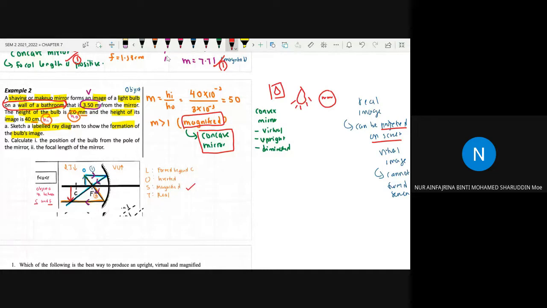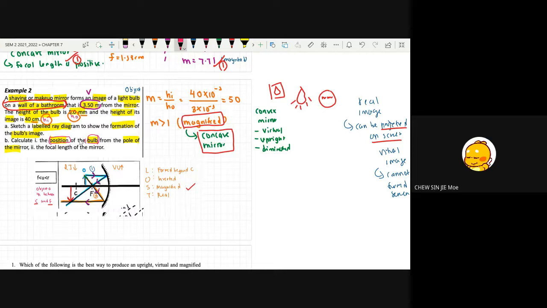Okay, so now second question, dia kata calculate position of the bulb from the pole of the mirror. Miss nak tanya kan, dia minta kita calculate the position of the bulb. So bila position of the bulb, dia minta kita cari apa? Position of the bulb, position of the object.